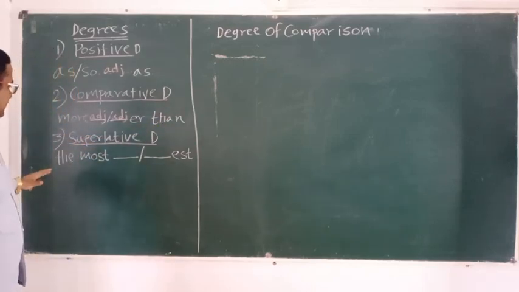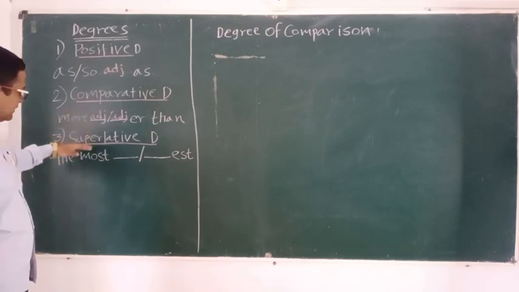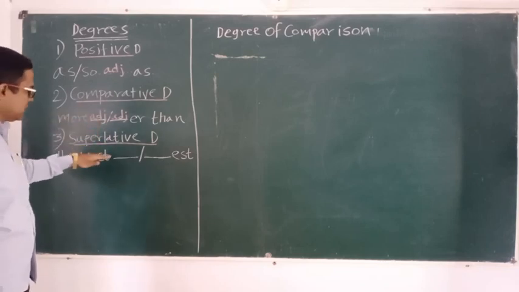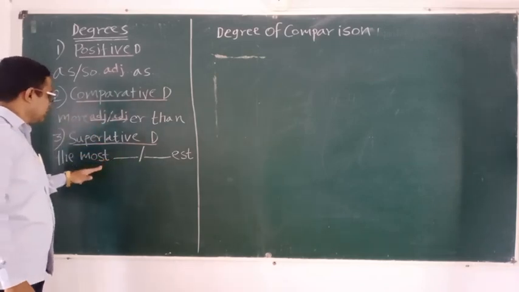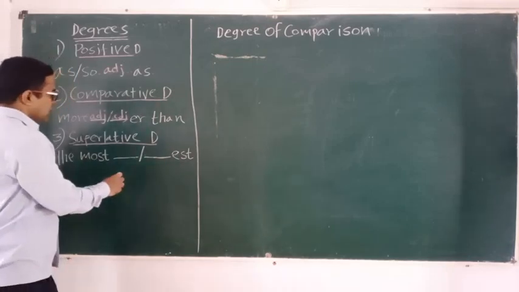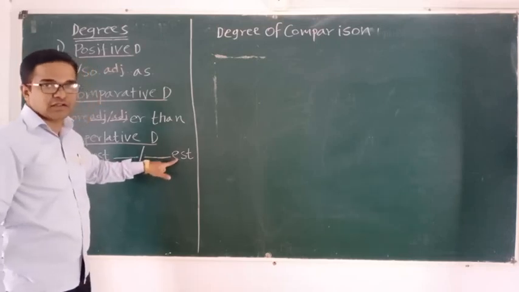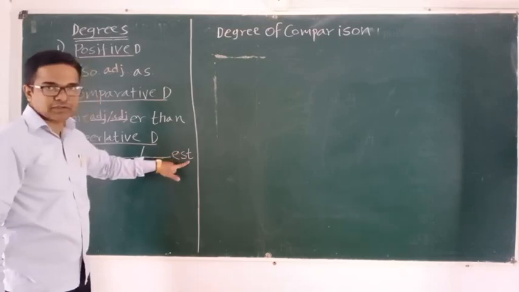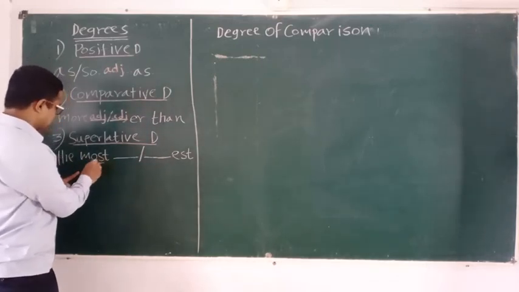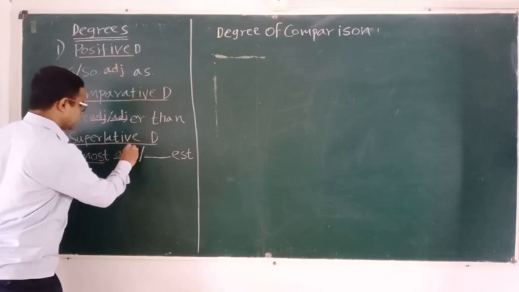In superlative degree, the is compulsory, and the same rule of comparative degree is used. When the adjective doesn't carry the est form, then we have to use the most plus adjective.